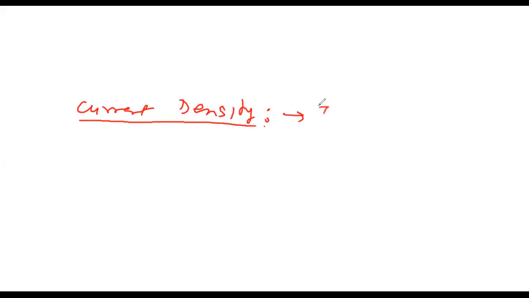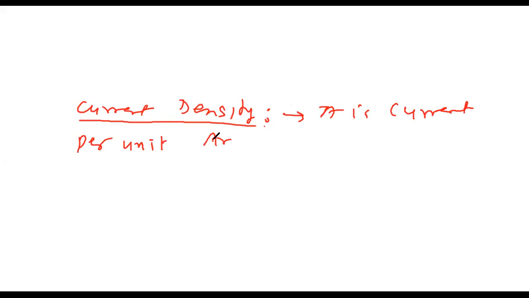What is current density? Current density is I by area. It is actually current per unit area.